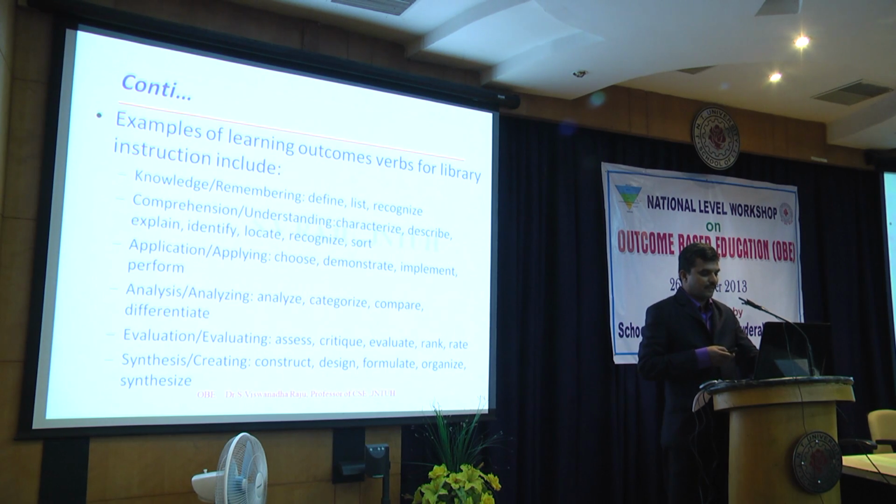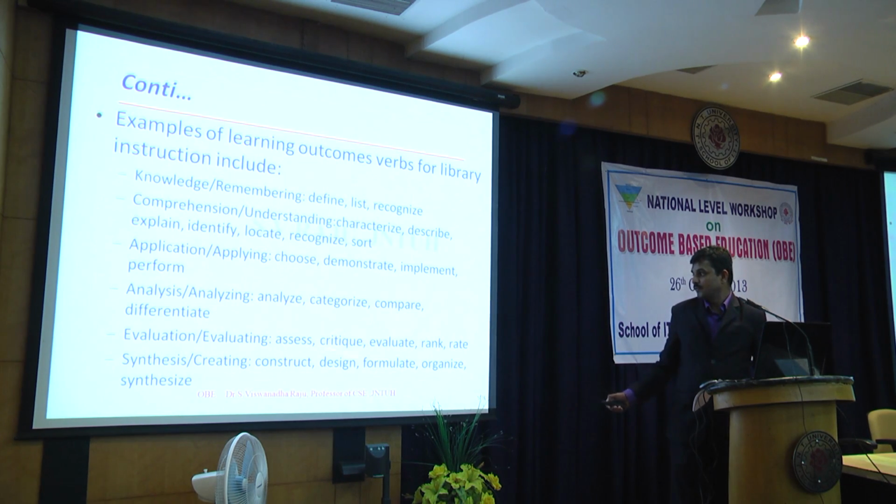Still here also some weak things are there. The word explain I think is not good. Explain means what should I explain? I have taken this word from somewhere, and some other author might have commented on it in a negative aspect. Next, application: choose, demonstrate, implement, perform. Similarly you see analysis and other things also.